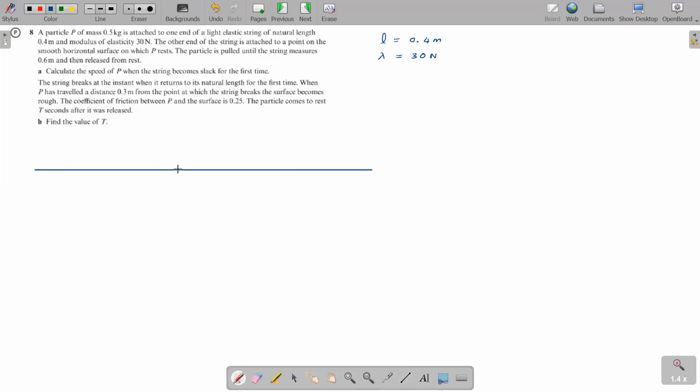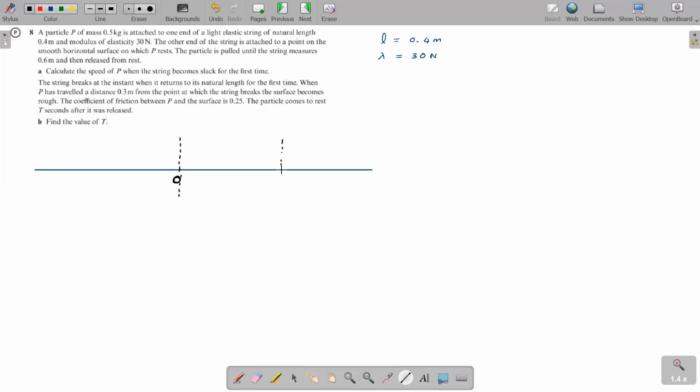So this is the point where it's fixed to the ground. Point O is the place where the string is fixed to the ground. And then natural length is over here, right?